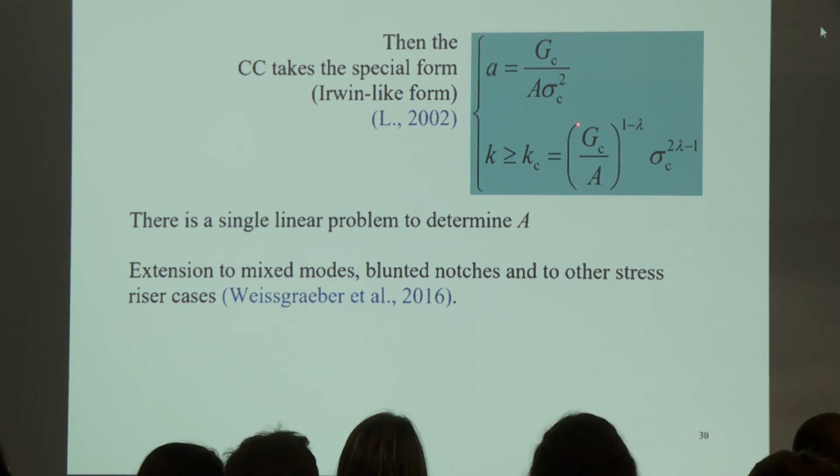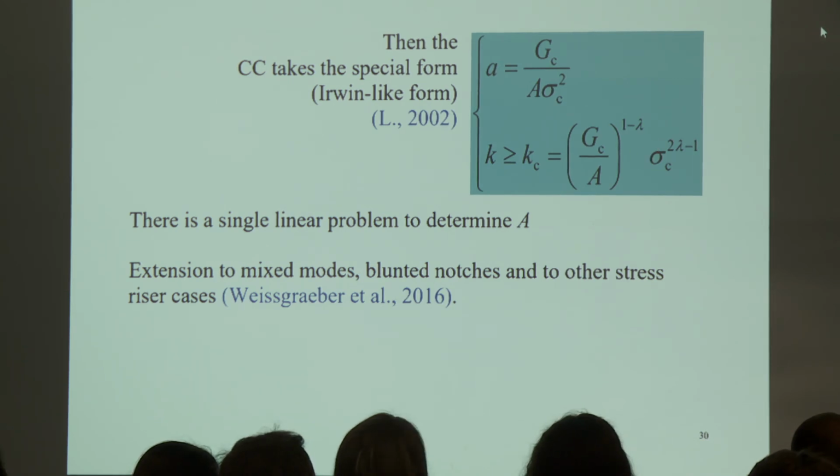On the other hand, now, if we have a flat edge, there is no longer any stress concentration, no longer any singularity. Lambda is 1, this term is 1, and then we have a relationship involving only sigma C.